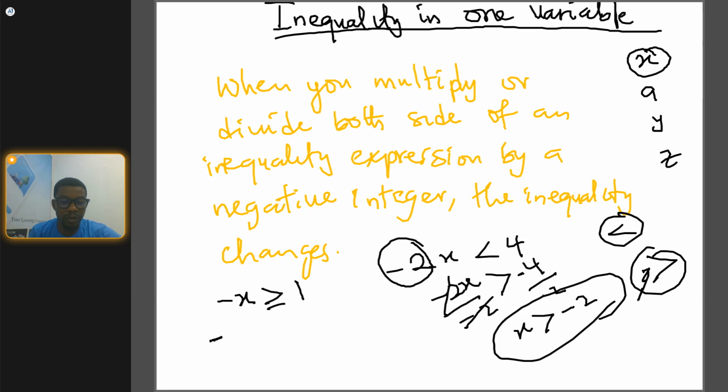So minus 1 times minus x, and because I'm multiplying by minus 1, my sign changes from greater than or equals to, to less than or equals to, 1 multiplied by minus 1. So we have x is less than or equals to minus 1. That will be the final response.